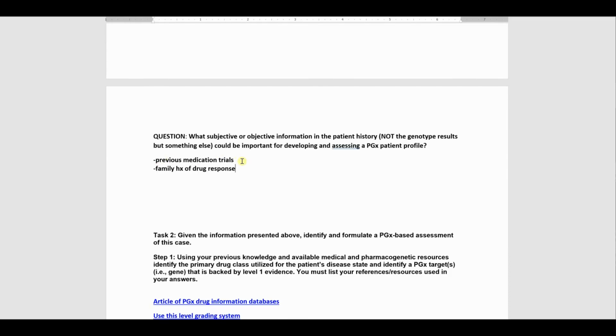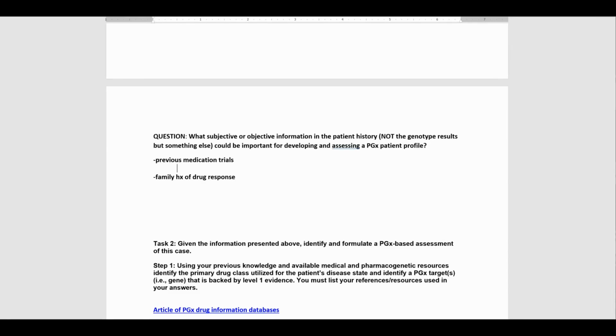So, for example, previous medication trials, we'd be trying to look for some sort of pattern that's occurring in this patient's previous medication trials that tell us something about side effects or efficacy that you could start to pin on a single pathway. So you're looking for patterns of non-response or side effects.